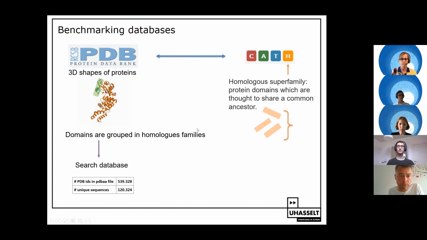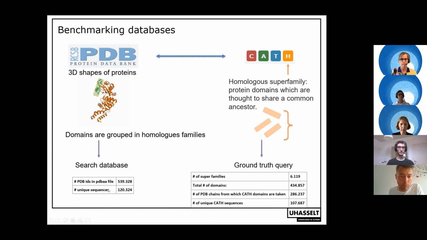So what we will do is use the protein database to search. It contains more than 500,000 IDs and only 120,000 unique sequences, so there are some duplicates, you can already tell.